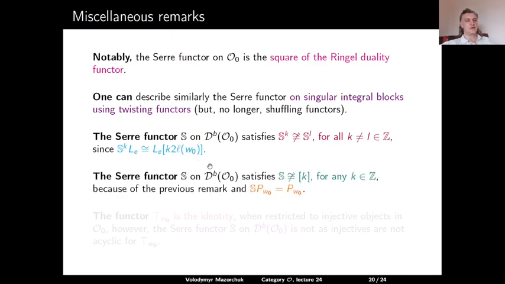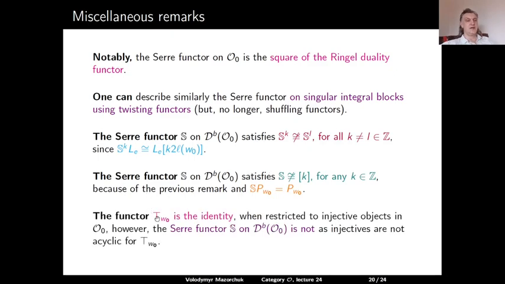The Serre functor on D^b(O) is not isomorphic to any shift functor of the bounded derived category because of the previous remark, and the property that the image under the Serre functor of the projective injective module P(w0) is this projective injective module P(w0) without any homological shifts.